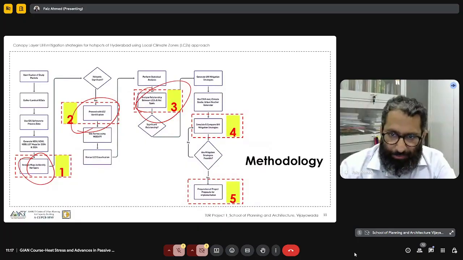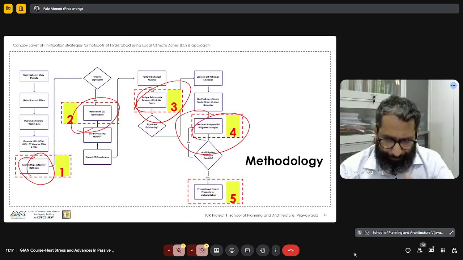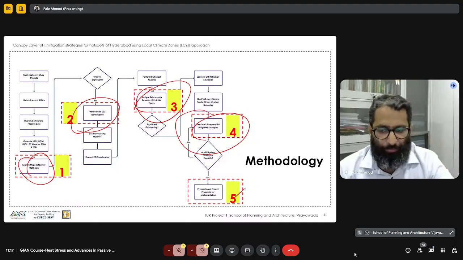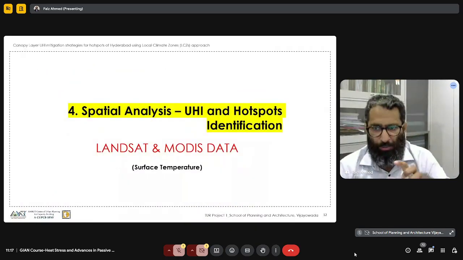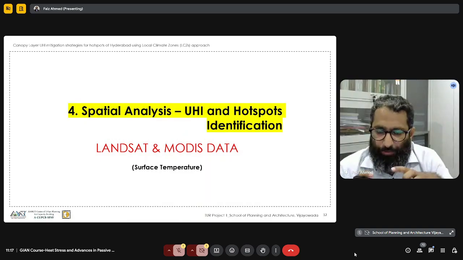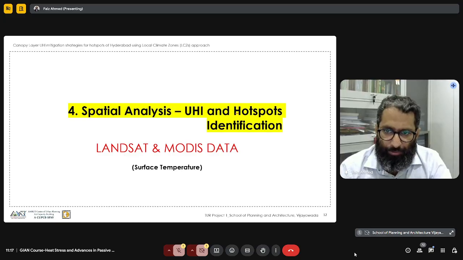This is the overall methodology that we have tested, and once we have these strategies in place, we have developed some metrics that the Hyderabad city can implement in coming years.